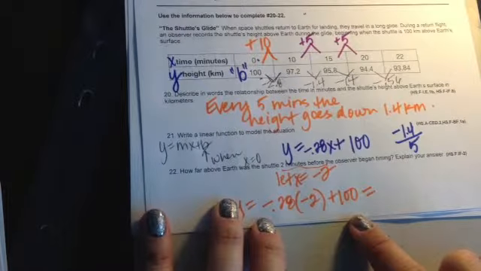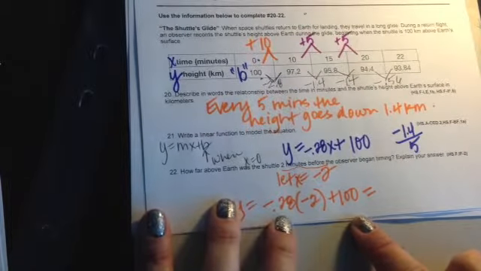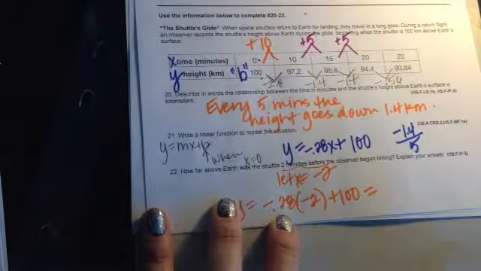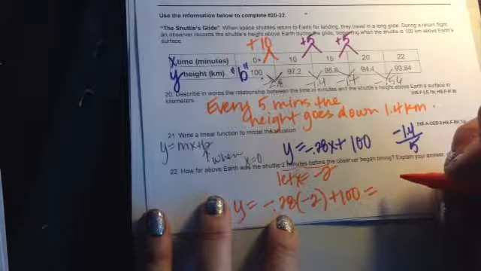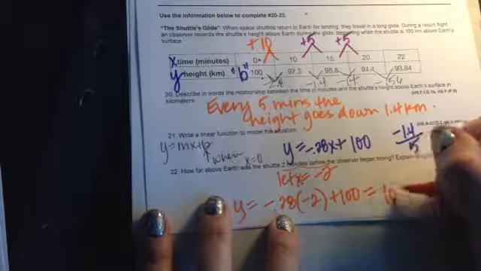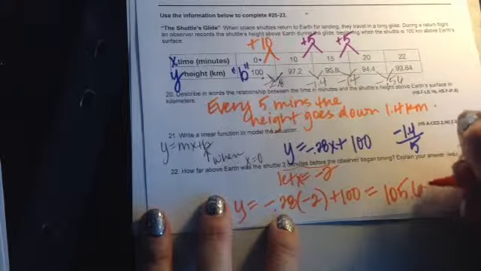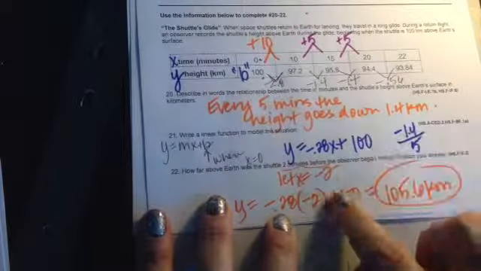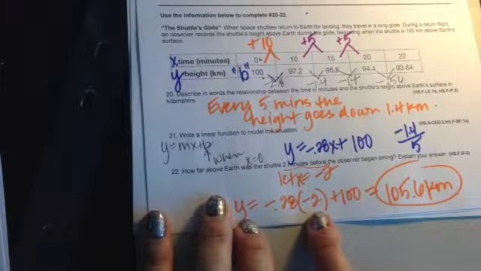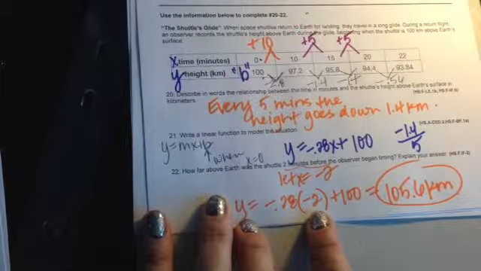Before this started, it was already descending. Where was it 2 minutes prior? What do you got, Brandon? It says 105.6. I agree. 105.6 kilometers. And I let the 2 minutes before be represented as x is negative 2.